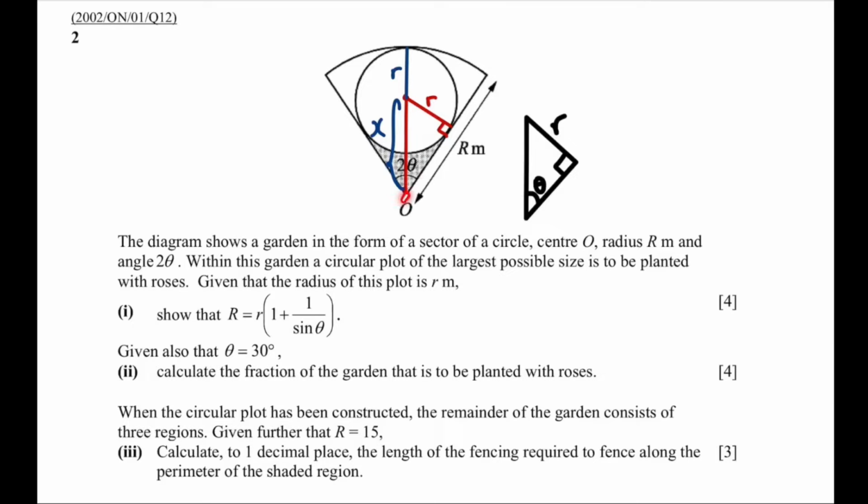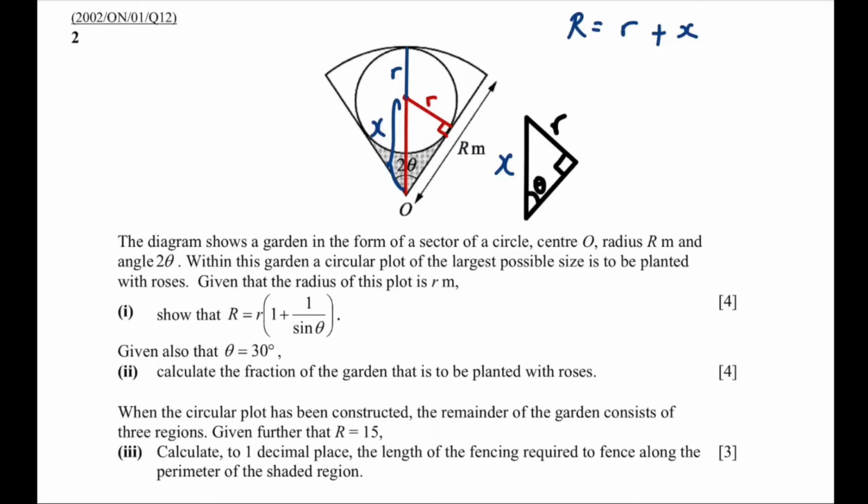So you can see that this is capital R, and this is also capital R. So capital R is the same length as small letter r plus x. Why is there an x? Because this x can be used over here as well, so you can label this as x too. So you have equation 1, and you can form another equation 2 from here. You must have 2 equations in order to show this.